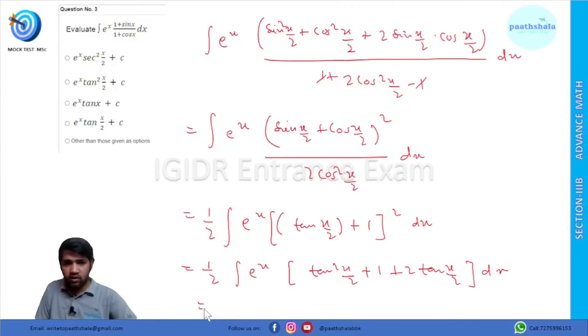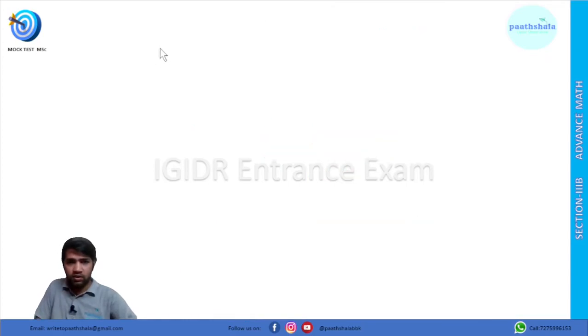So 1 plus tan square is sec square, so this is half integral e to the power x, sec square x by 2 plus 2 tan x by 2 dx. Now let's solve it further. So on solving further, now half e to the power x, this will become sec square x by 2 dx.